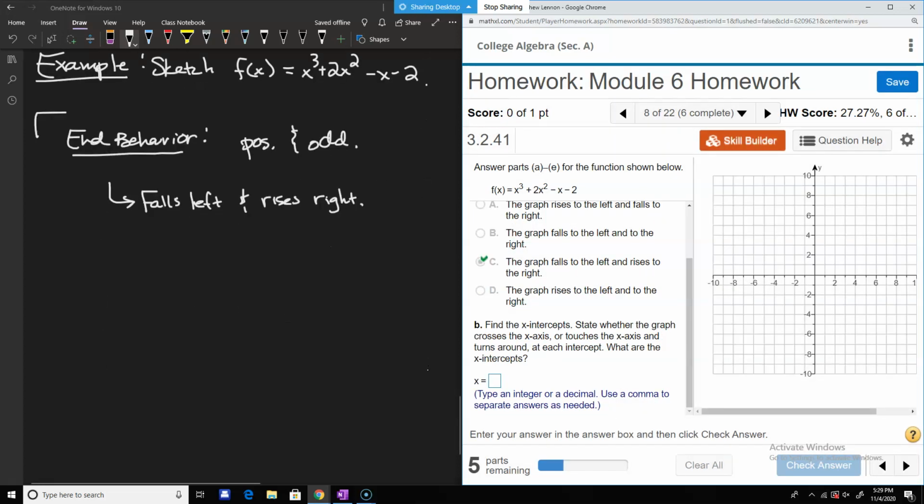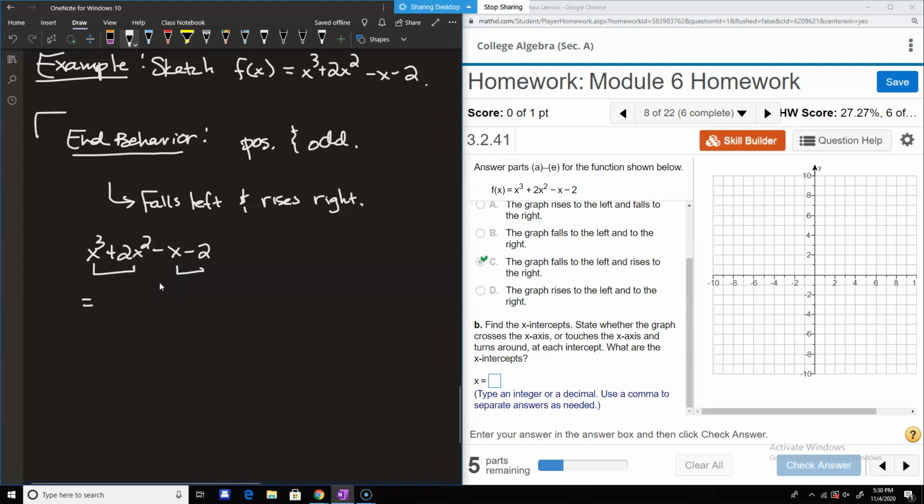And then the X-Intercepts, so we find the X-Intercepts by factoring. So we know x cubed plus 2x squared minus x minus 2. So to factor this one, what we do is we factor by grouping. So that's one of the techniques we learned. So you group the first two factors and then the second two factors.